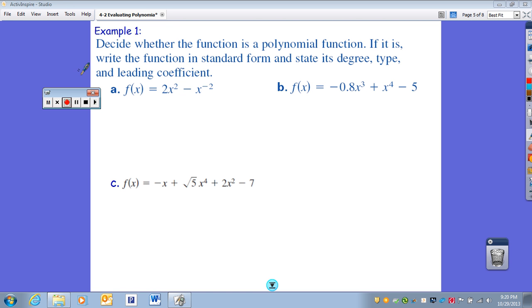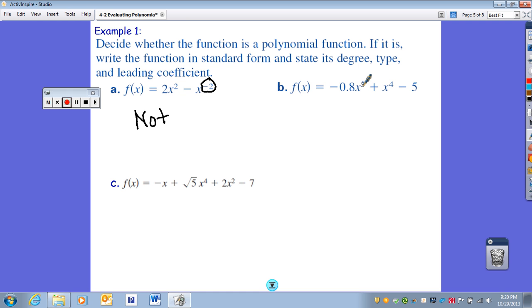In this case, this is not a polynomial function because this exponent is negative 2, which is an integer and not a whole number. And one of the stipulations in order to be a polynomial function is that the exponents must be whole numbers.